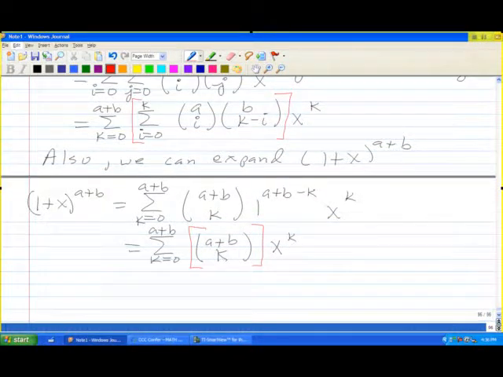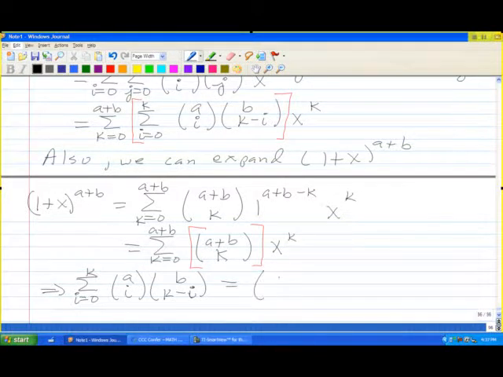So therefore, since the coefficients are the same, I've shown that the sum, i equaling 0 to k, of aCi bC(k minus i) is the same as (a plus b)Ck.